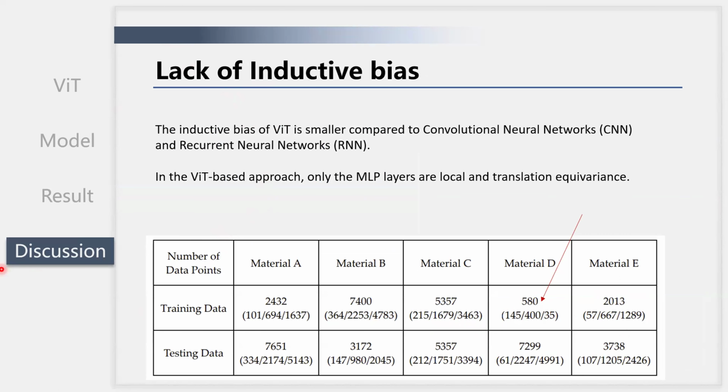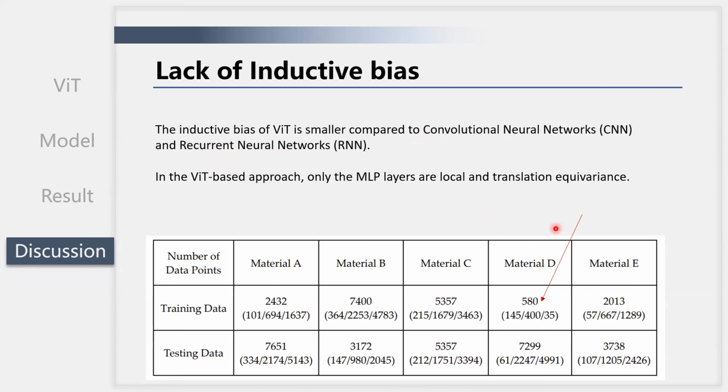The inductive bias of vision transformer is smaller compared to convolutional neural networks and recurrent neural networks. In the vision transformer-based approach, only the MLP layers are local and translation invariant. So that's why it is harder to train, and it needs sufficient data for training.